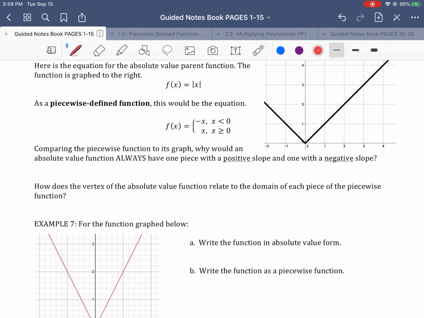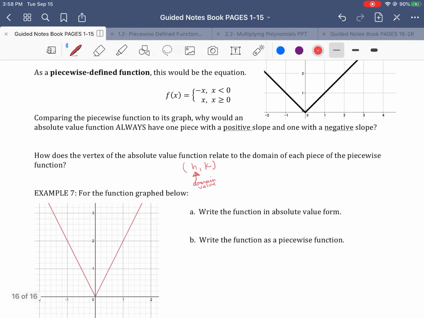So if we're talking about how does the vertex relate to the domain, we're always going to be looking at that h value to help us with that. So if our vertex is like that (h, k), this guy right here is going to help us with our domain restriction. So we're going to use that value.